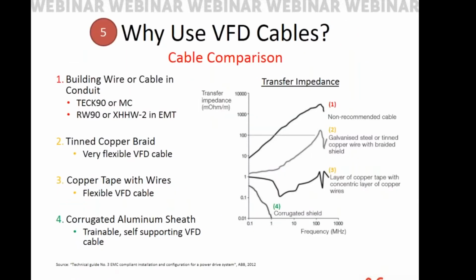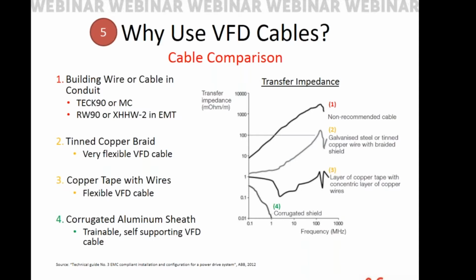So why use VFD cables? In an ABB document, they have a chart of transfer impedances for various types of cable. So the idea here is shielding effectiveness, or how effectively does that cable carry high frequency currents from one end to the other, and how well will it absorb and sink those high frequency currents if they escape from the power conductors.